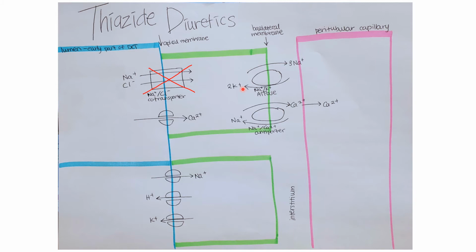So this inhibition of the sodium chloride co-transporter leads to a decrease in sodium inside the cell. And this low sodium inside the cell increases the driving force for the transport of sodium from the blood via this sodium calcium antiporter, because it has nowhere else to get it but from the blood, okay?